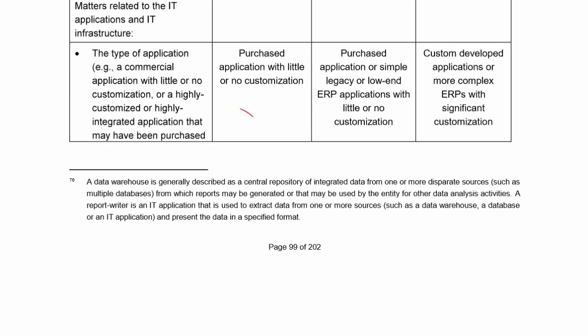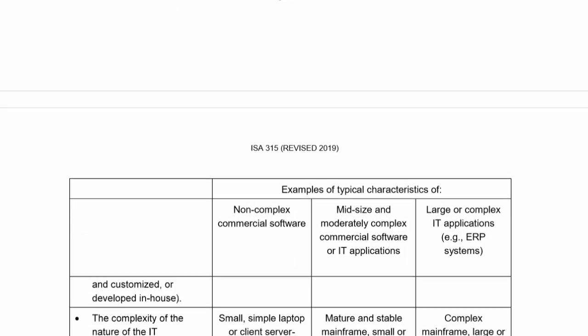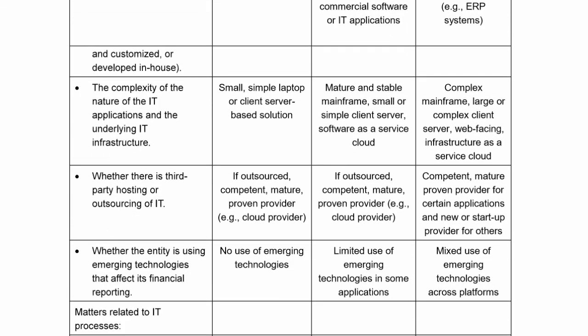Customization, so this one, there's no customization, it's purchased. This one, there could be little customization if you purchase with the ability to make some customization. And then the very complex type of system is developed, it's customized, so that it is applicable.